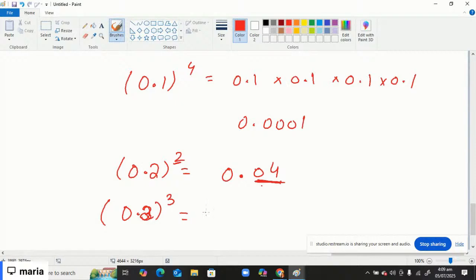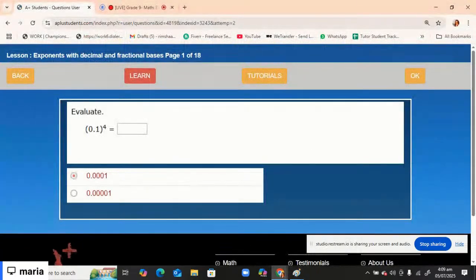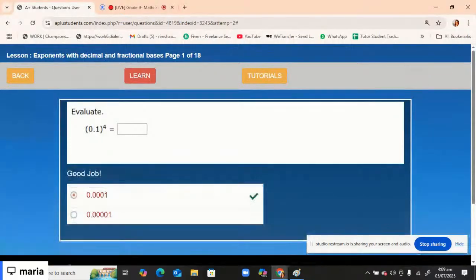It means that after the decimal point there are three digits, 1, 2, and then the answer. All right, this is the way that we do it in these kinds of questions. So the answer is 0.0001. Let's see. And this is the right answer.